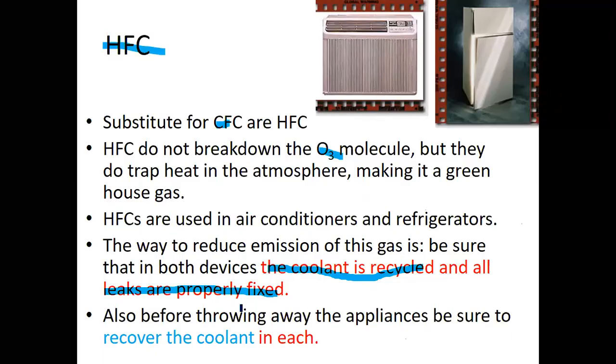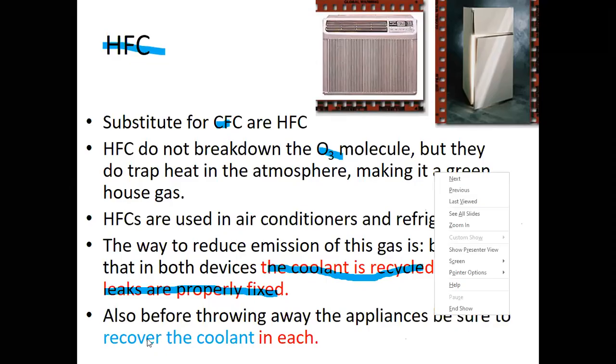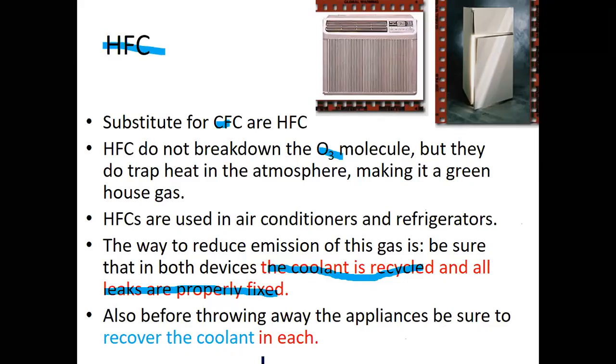Therefore, we should ensure there are no leaks in the equipment and instruments, and that the coolant can be recycled. If we want to throw away the appliances or equipment, we should be sure to recover the coolant in each equipment.